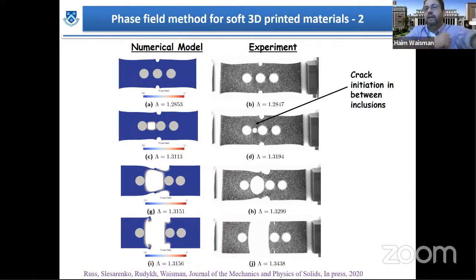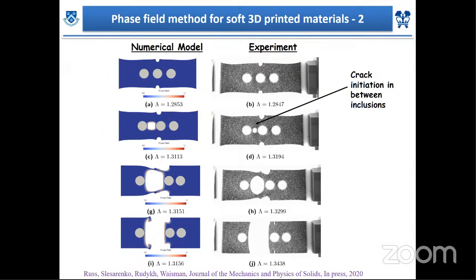If we take a constant GC, I've shown that the crack path doesn't match the actual experiment. So we have postulated that GC should be a function of space as well, changing in your domain according to how the Young's modulus changes. But this is something yet to be verified experimentally. I don't know how this can be done.